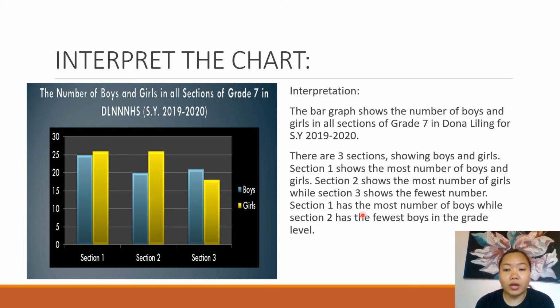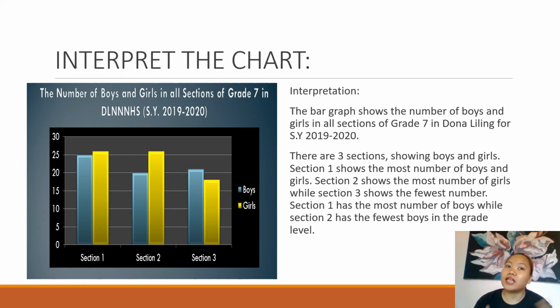And then section 1 has the most number of boys, while section 2 has the fewest number of boys in the grade level. Then you can add about the girls, no? Like you can say section 3 has the fewest number of girls, but you already mentioned it, so don't repeat it. So the point here is, whatever you see in the chart should be what is in your interpretation.